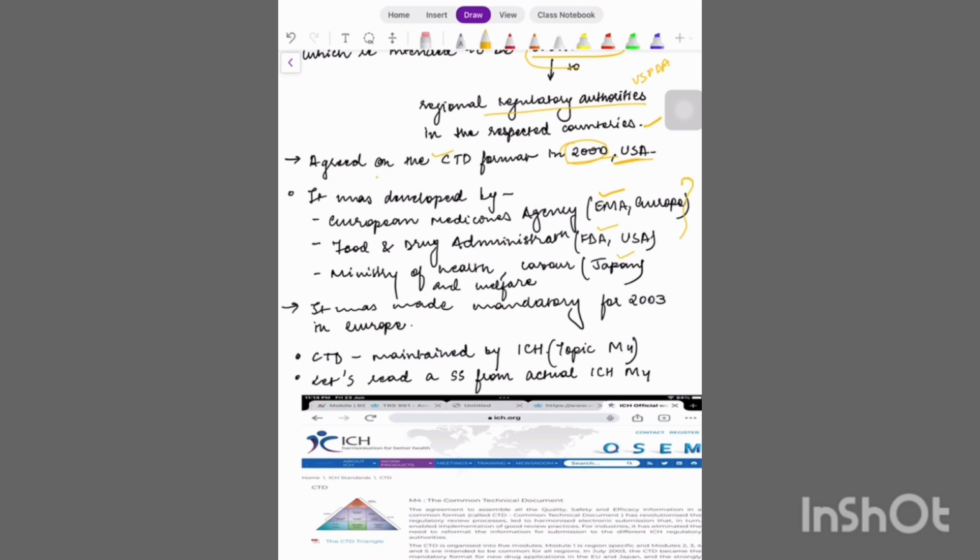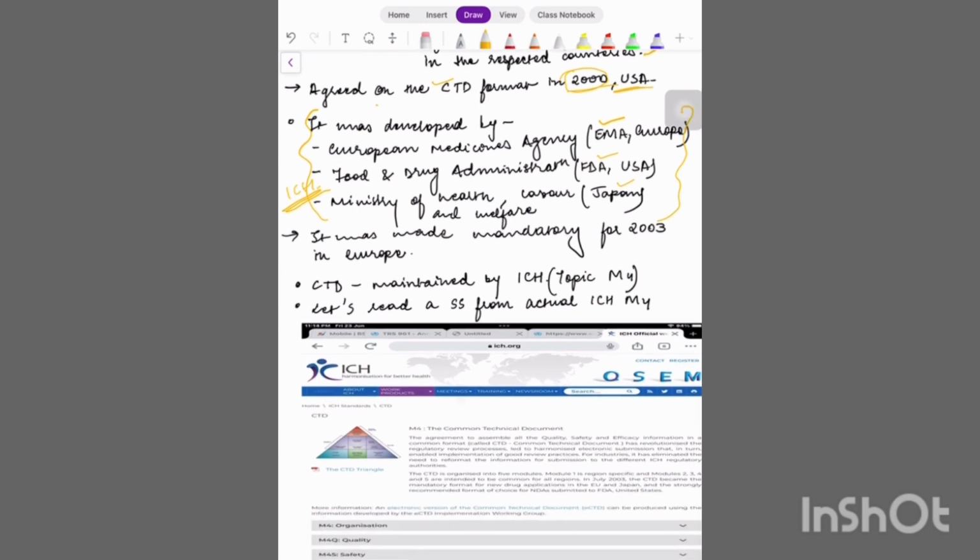So basically, it was developed by ICH, by these three regions. It was made mandatory in 2003 in Europe.